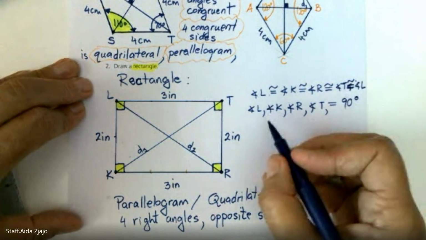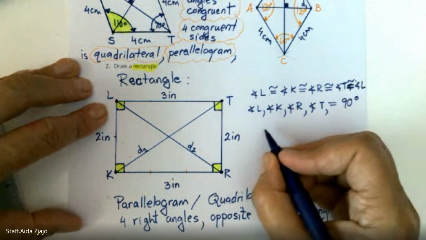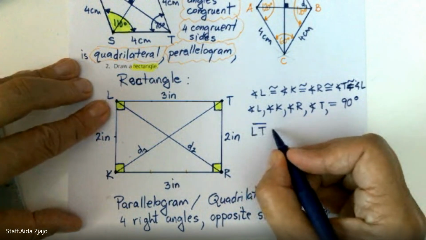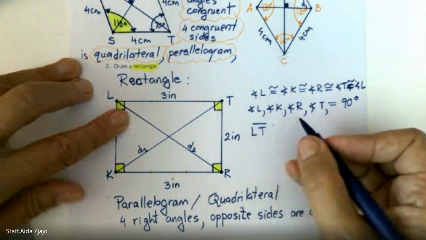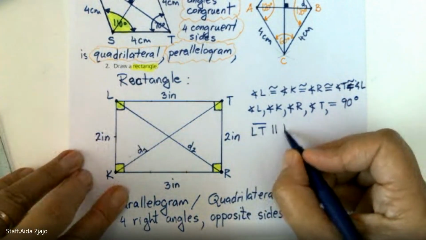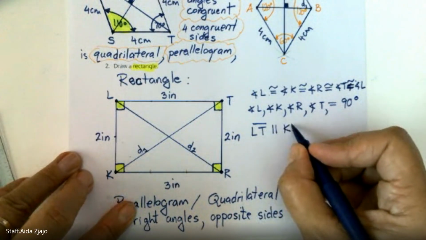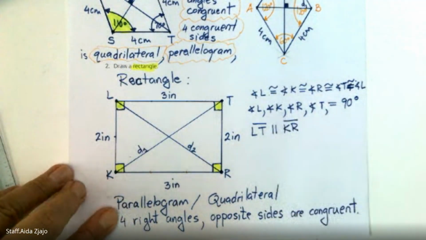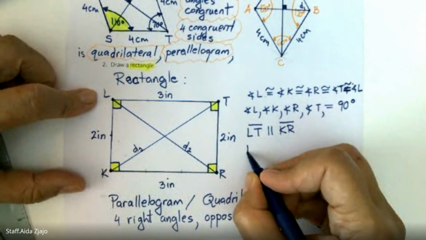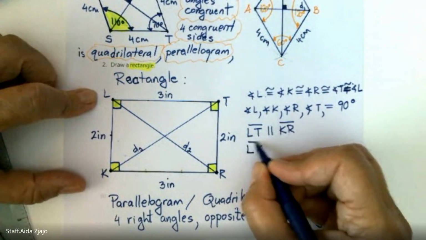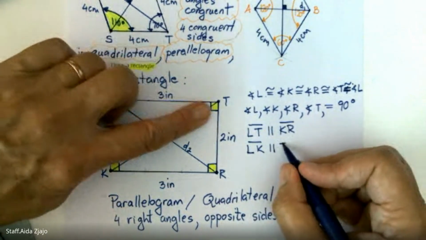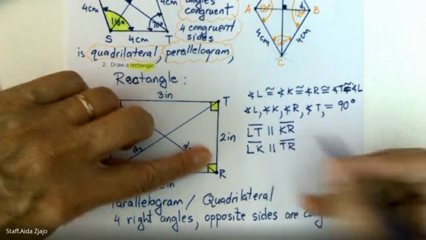Okay, so now we can also say that line segment LT is parallel to KR, and LK line segment is parallel to TR line segment.